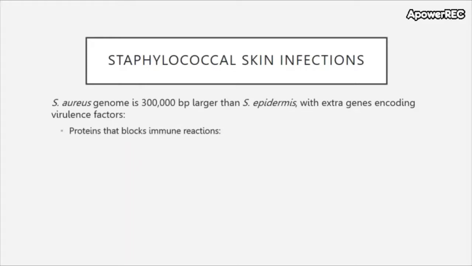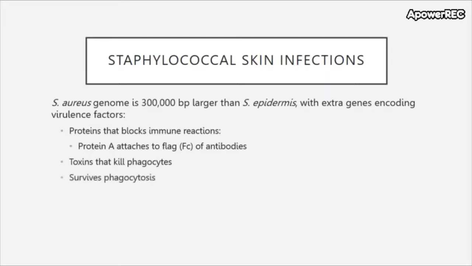These virulence factors include proteins that block immune reactions, such as protein A, which attaches to antibodies on their Fc, or constant, region. These constant regions are what interact with our immune system to elicit an immunogenic response. They also have toxins that kill phagocytes directly, and they have compounds that allow them to survive phagocytosis.